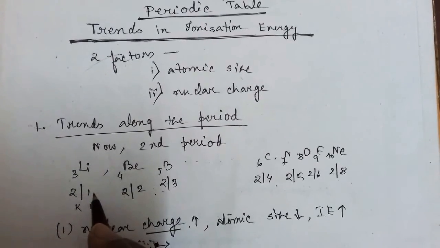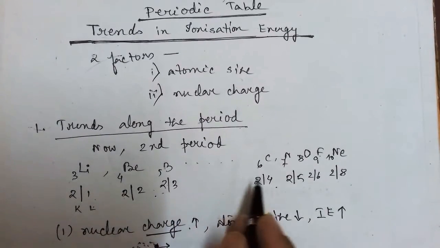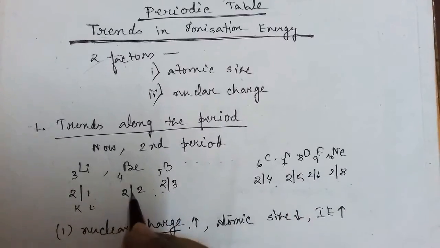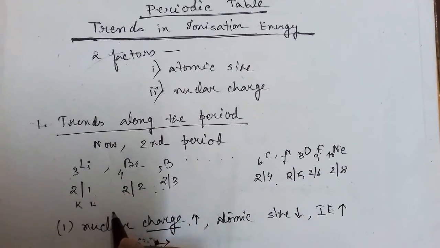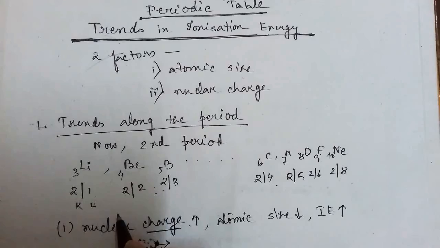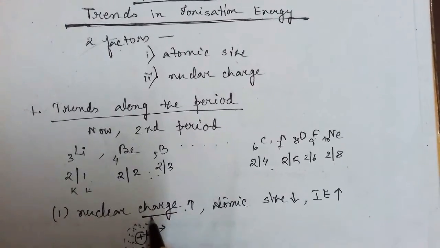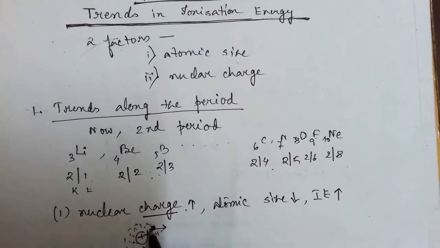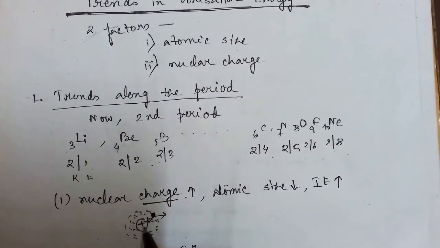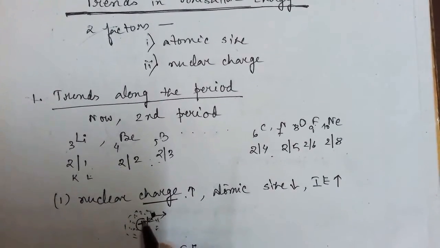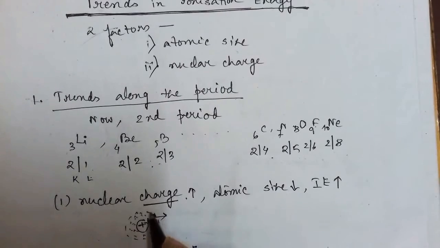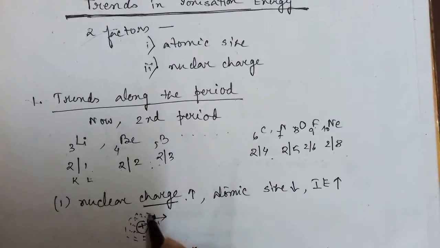As the number of electrons increases, the number of protons in the nucleus is also increasing, and so nuclear charge is increasing. As the nuclear charge increases, there is much more pull from the nucleus, that is the protons, on the electron density.